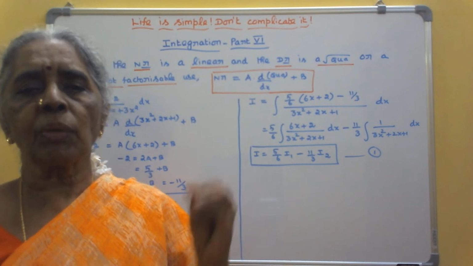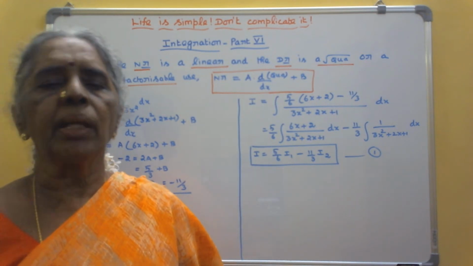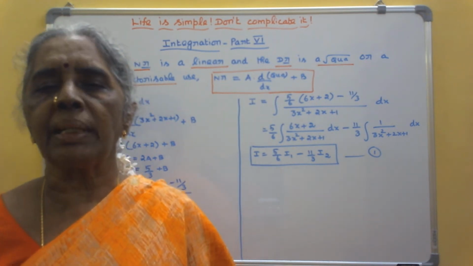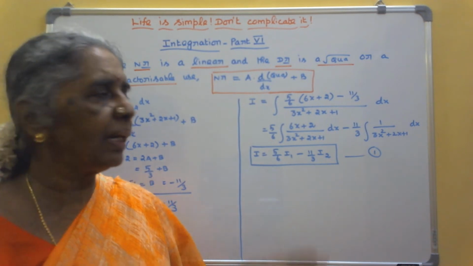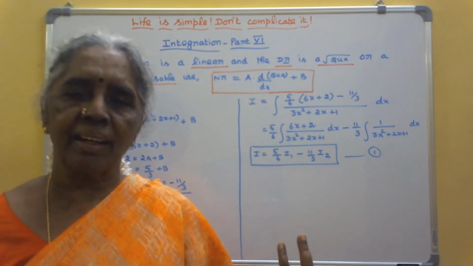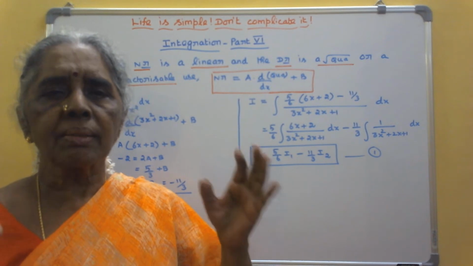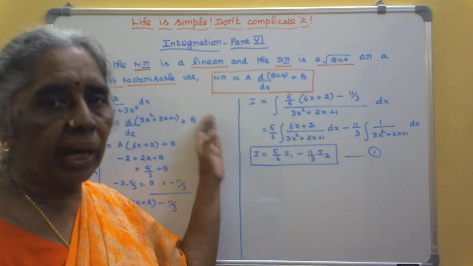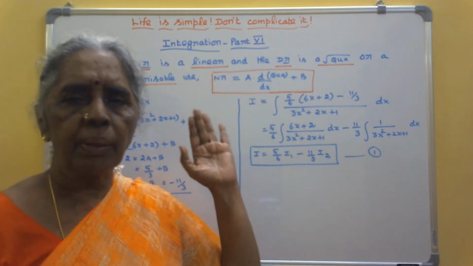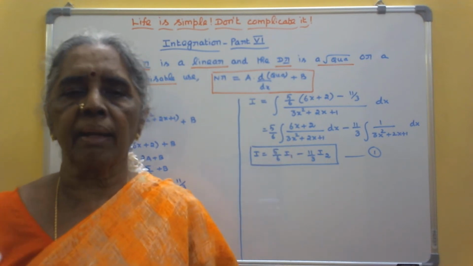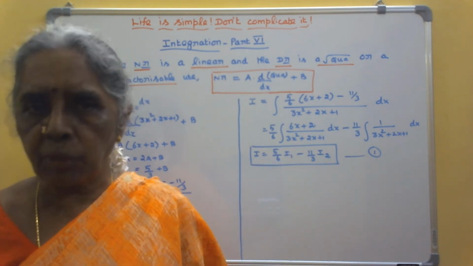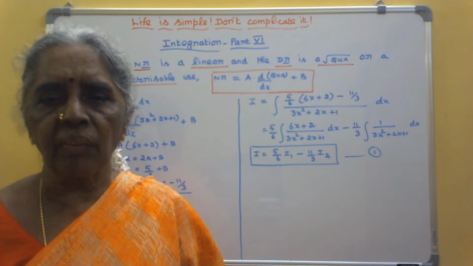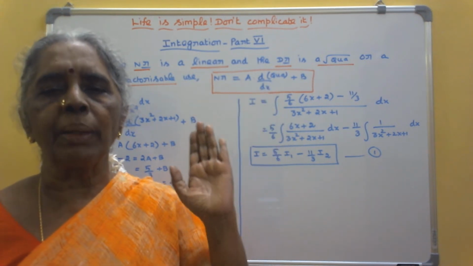So, if you substitute the denominator as t, the numerator is straight away going to be dt and the answer will be log of the denominator straight away. In all sums of this particular type where you use this concept, the first part of the integral will be substitution and the answer will be log of the denominator.